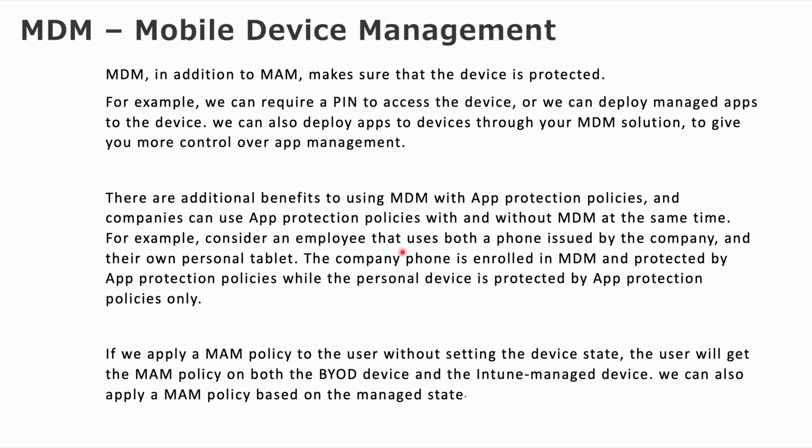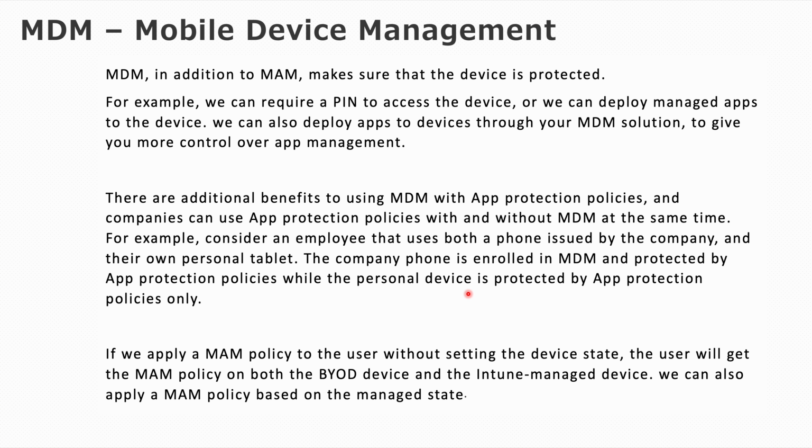For example, consider an employee who uses both a phone issued by the company and their own personal tablet. Suppose a user has a company device and also a personal tablet, an iPad. The company phone is enrolled in MDM and protected by the app protection policy, while his personal iPad is protected by MAM only.